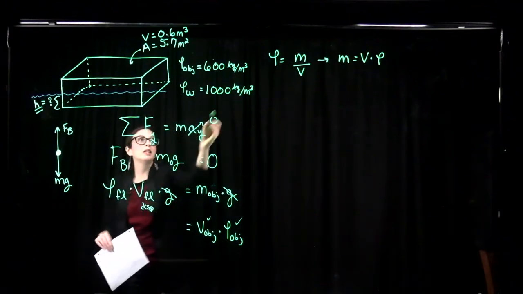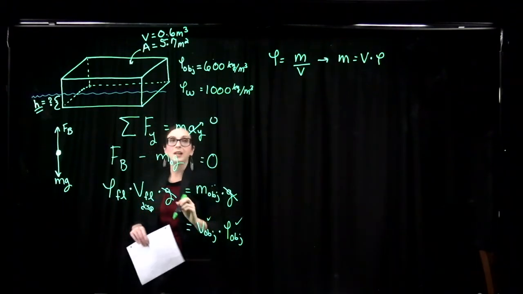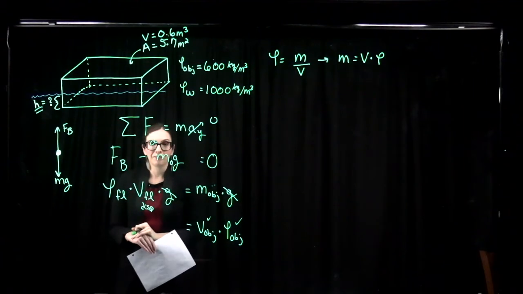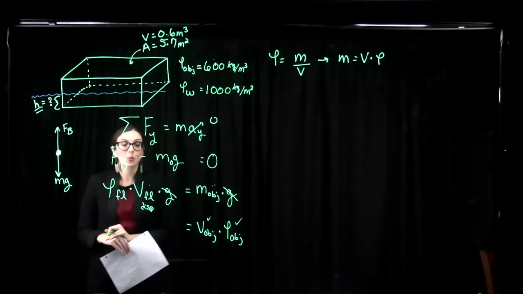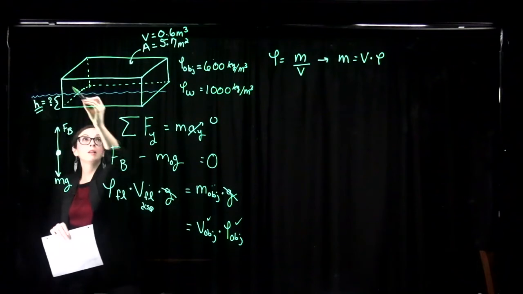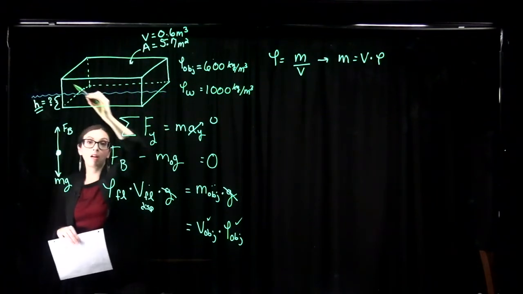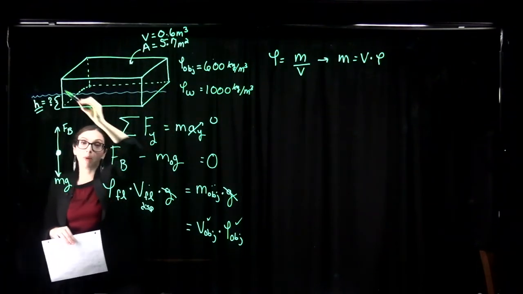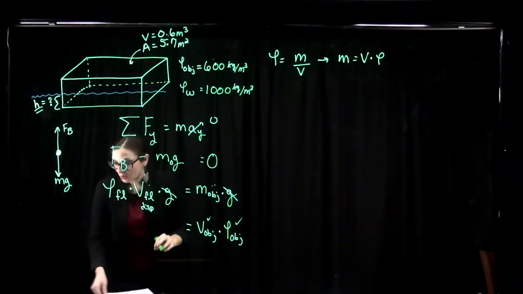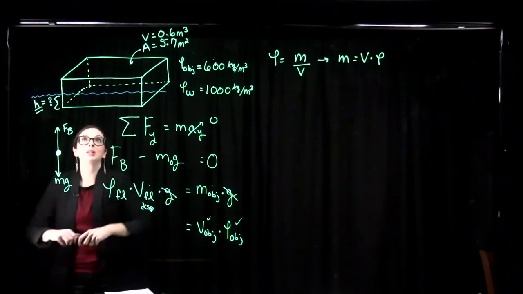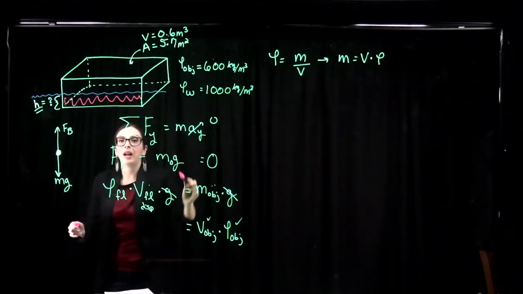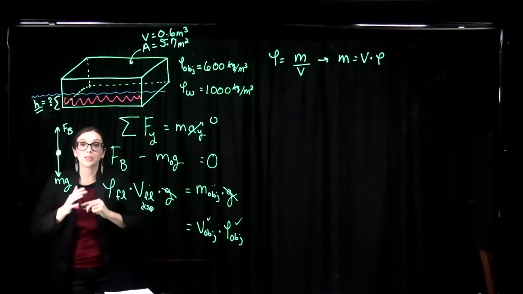We know the density of the fluid that's being displaced. That's the water. But what about the volume of the fluid that's being displaced? Well, the volume of the fluid displaced is going to be the cross-sectional area of my raft times the height that's underwater. So the volume being displaced is all of this part of my raft that is submerged underwater.